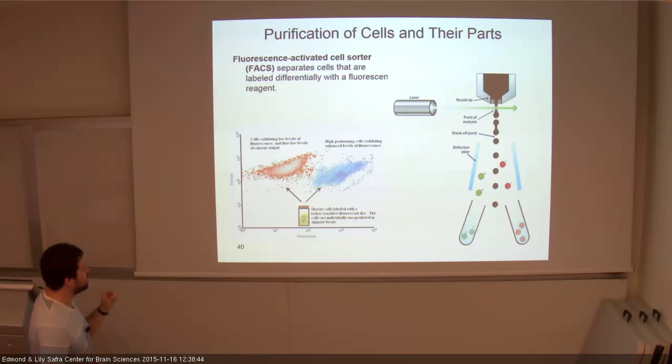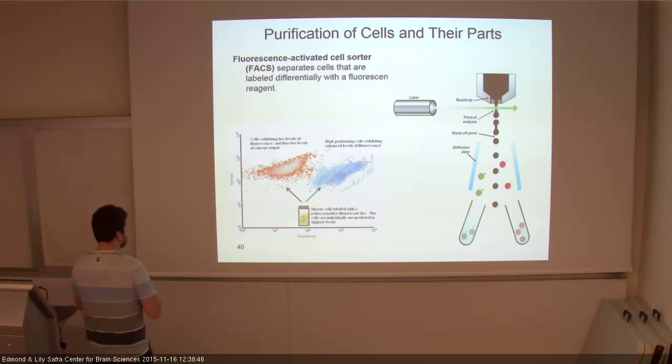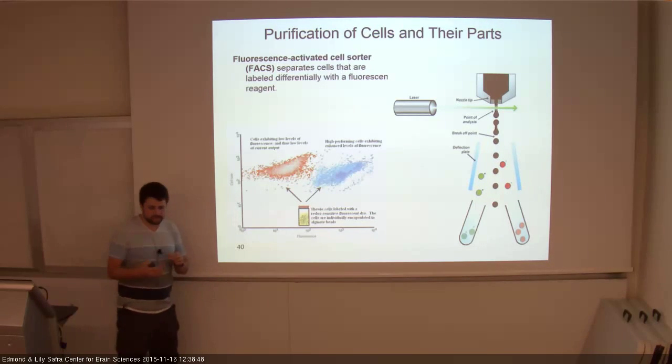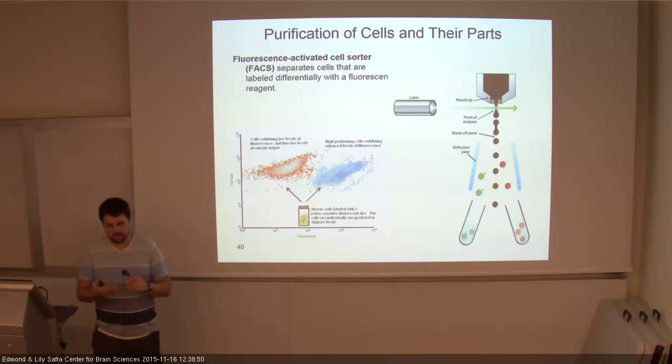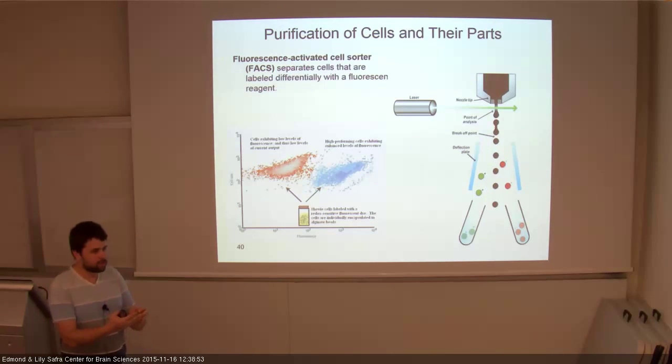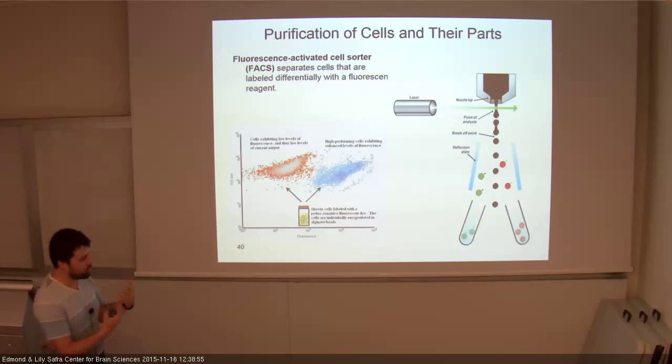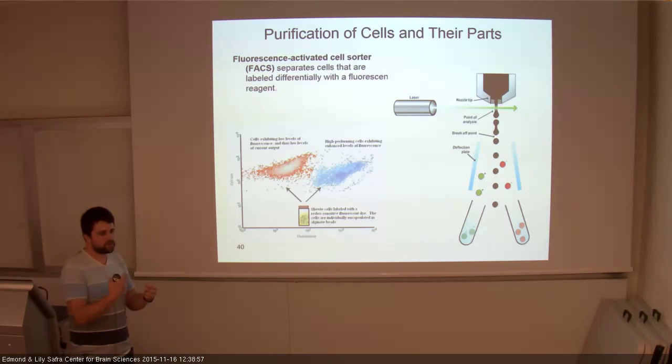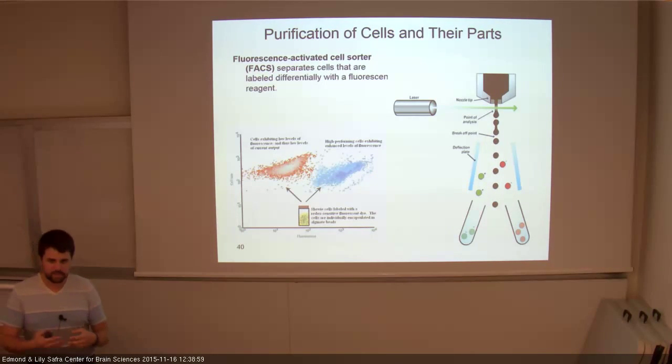and you can tell these cells apart because you previously did some kind of manipulation on them that makes only the specific cell that you want to look at fluorescent, or they will express a fluorescent protein in a specific color.